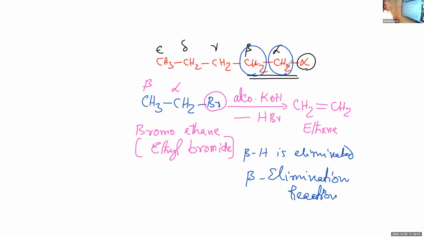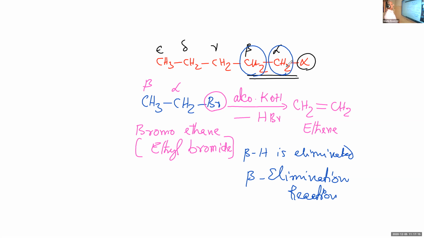Here, the beta hydrogen is removed as HBr. Sometimes the beta hydrogen will be eliminated as water, H2O. Okay, we'll see that next year. So, elimination of a beta hydrogen is called a beta elimination reaction.